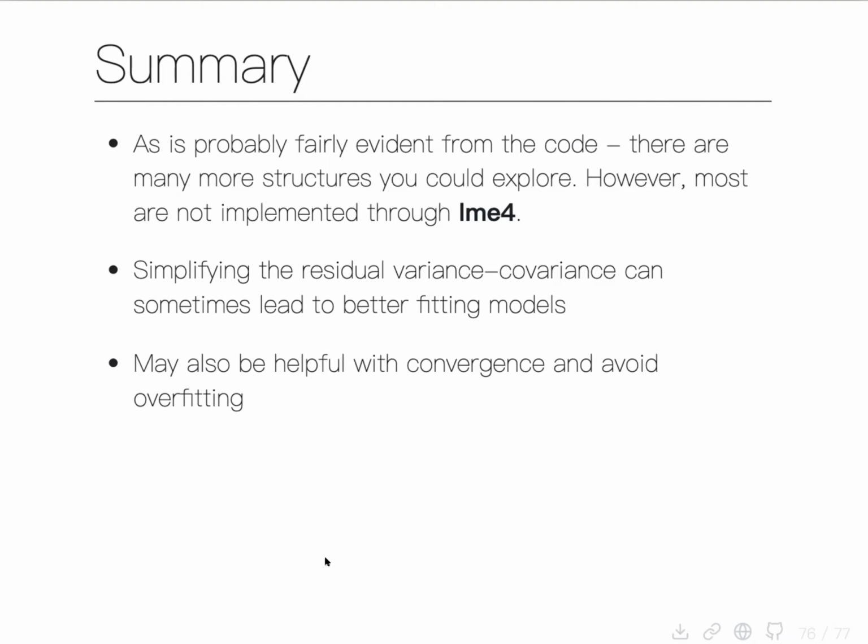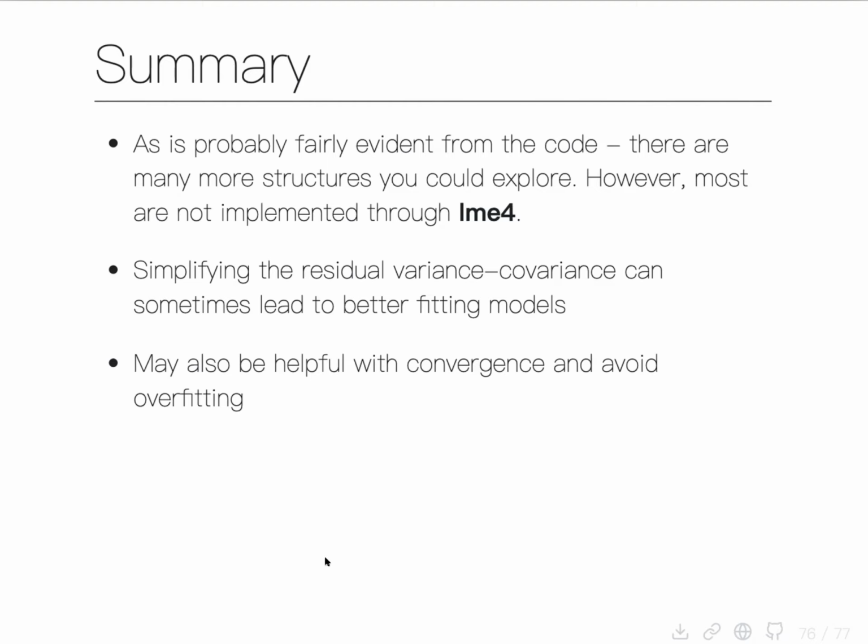However, essentially none of them are implemented through lme4. All you can estimate through lme4 is the standard multi-level model, the fully unstructured model, or the variance component only model. Everything else, you're going to have to go to something different.